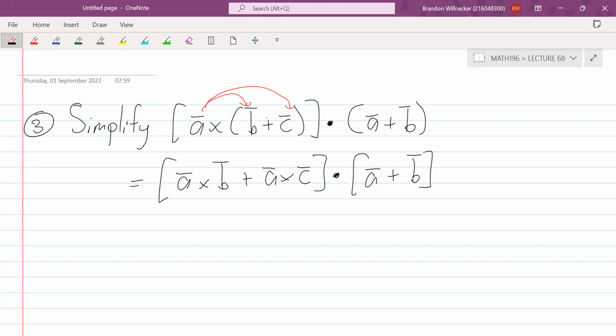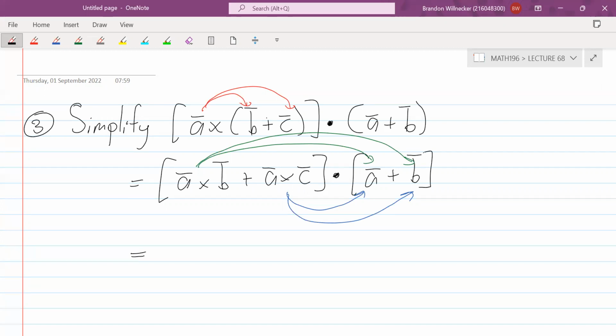Next, we've got another product, the dot product. We can also distribute over that. So we're going to have that dot product with this. Same thing with the next term. And same with the other term. Okay, it's your usual multiplication distribution.